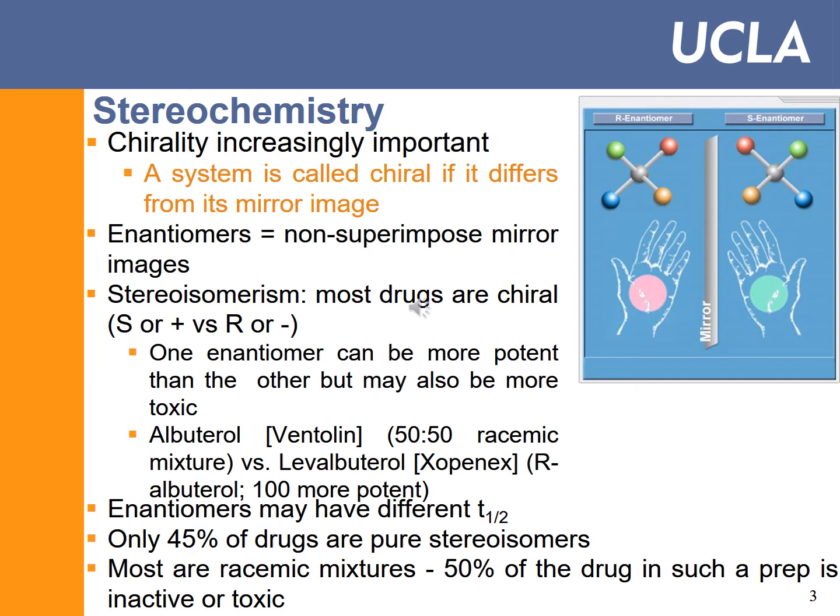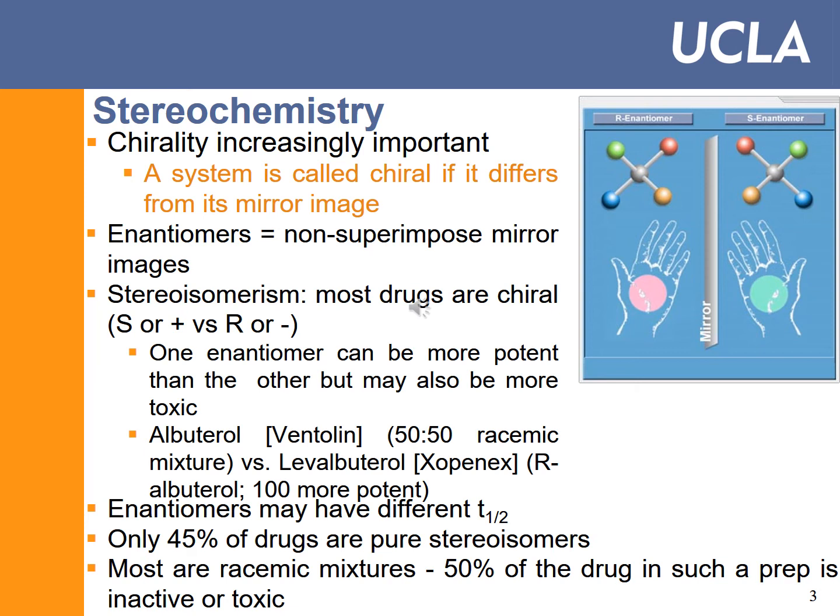So you have 50% of the R and 50% of the S enantiomer. But also, in drug development, they realize that sometimes you have an enantiomer that can bind better to the receptors and that it can be more effective in the treatment. So they try to isolate that enantiomer, but of course it's more costly to do that.